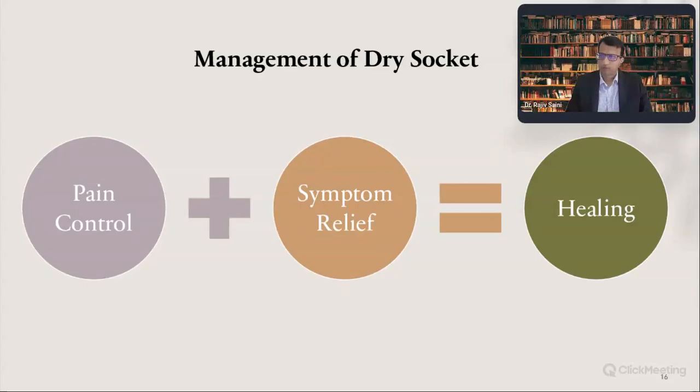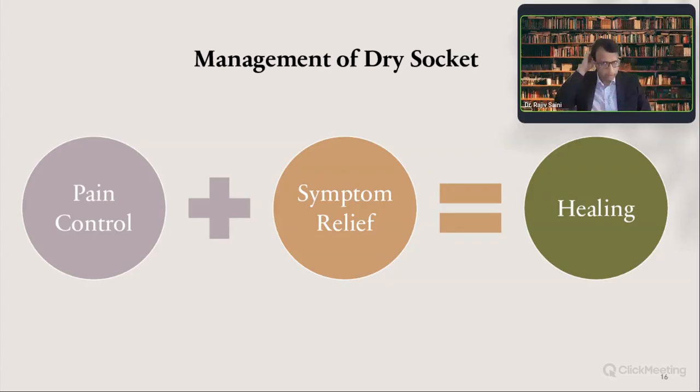Once diagnosed, the goal of management is symptom control and tissue protection. As I mentioned earlier, the ultimate goal of dry socket management is healing. Once we have good healing, the socket will be covered and everything will be taken care of. So pain control and symptom relief, both are factors we use in order to achieve good healing.